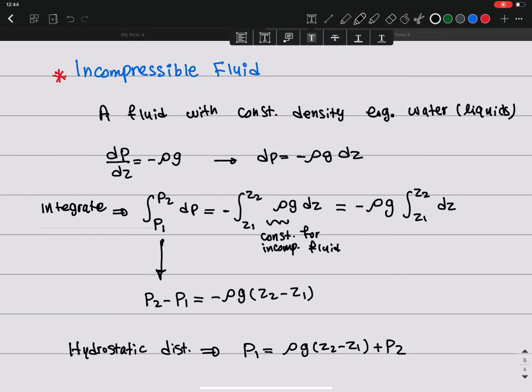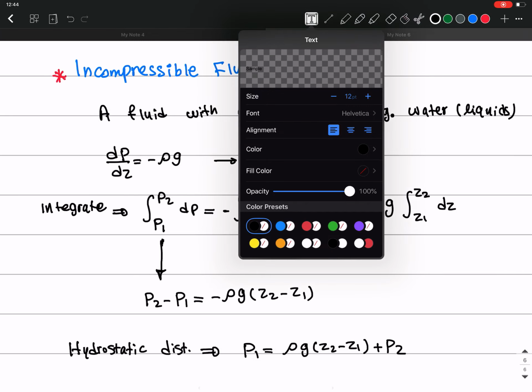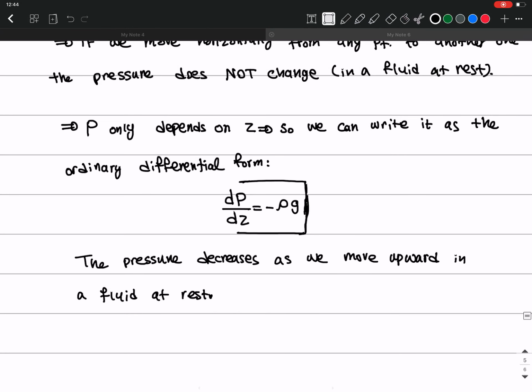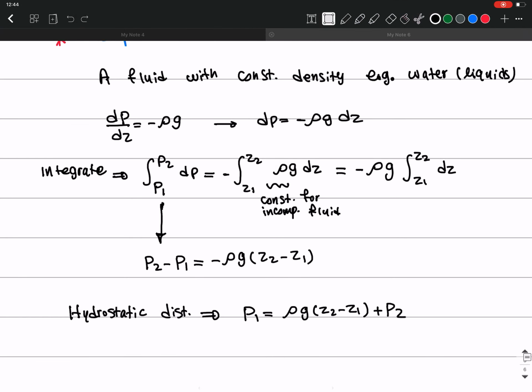This is a very important formula, and it comes from the integration of this one. If you integrate this, we get this hydrostatic distribution, which is this simple formula.